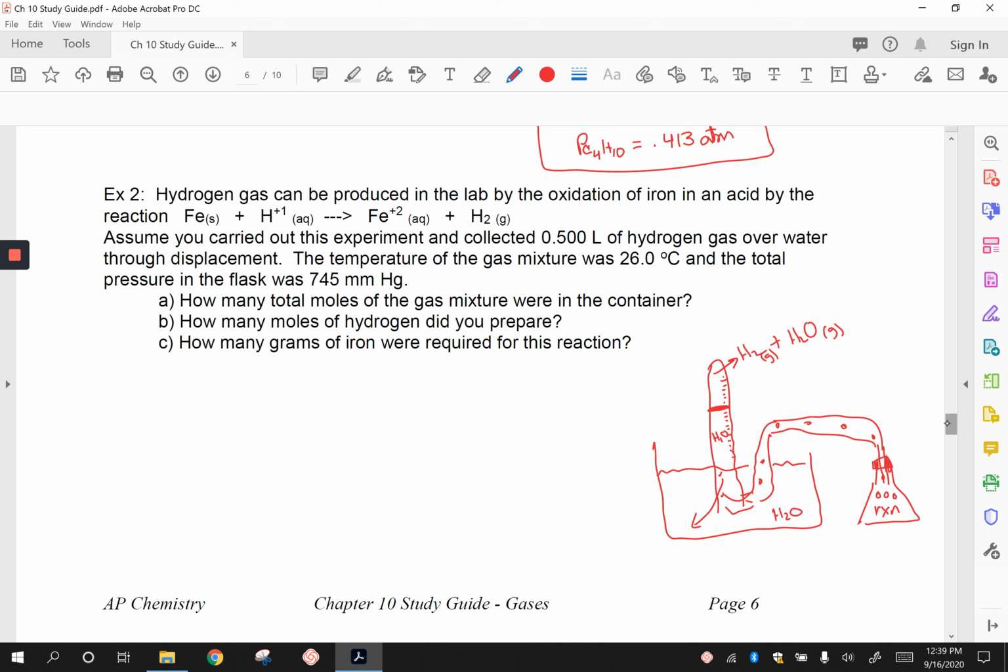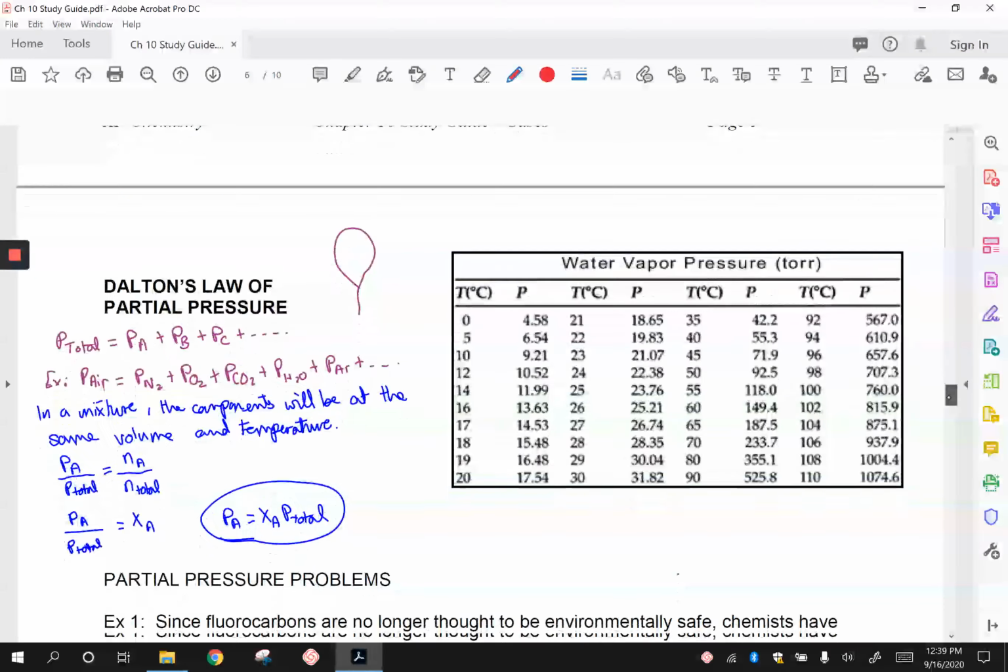Well, if you look at the chart at the top of the table here, this tells us the water vapor partial pressure at any given temperature. So at these temperatures, these are the partial pressures of water vapor. Remember that the higher our temperature is, the higher the partial pressure of the gas.